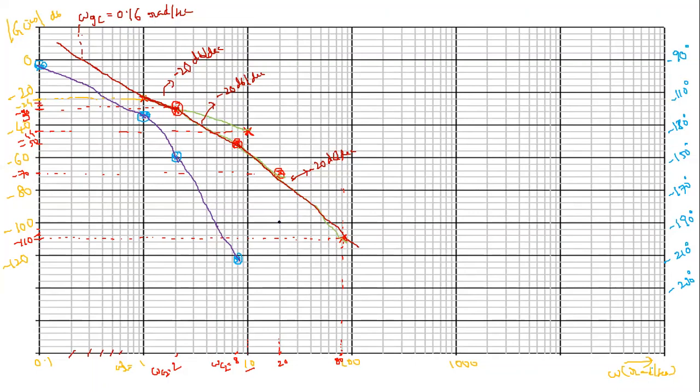Where is phase crossover frequency? That means where is 180 degrees? This is 170, 190. Exactly this point. What is this line? Omega 2, 3, 4. So omega PC is equal to 4 radian per second.